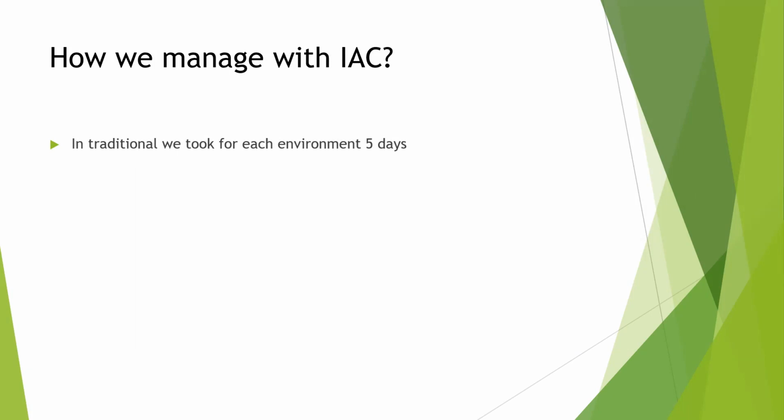For each environment, we take at least 5 days to create our infra, or a minimum of 1 week. For all five environments, it will take up to 25 days or 1 month.